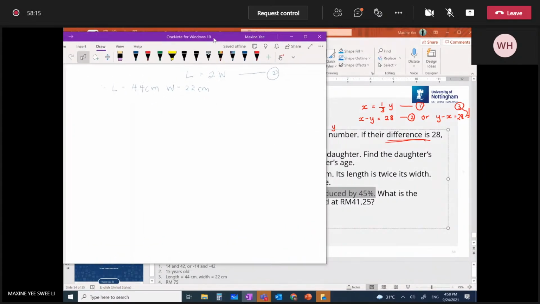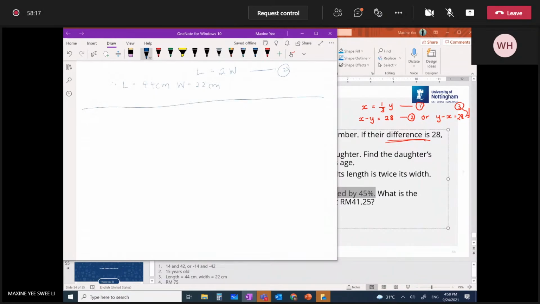Right, so you can say that, reduce by 45%. So that means the discounted price is actually 55% of original price.